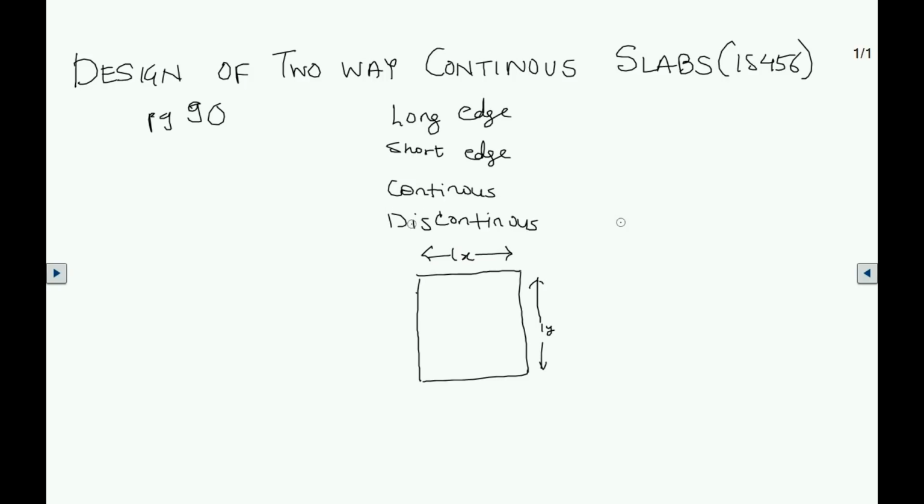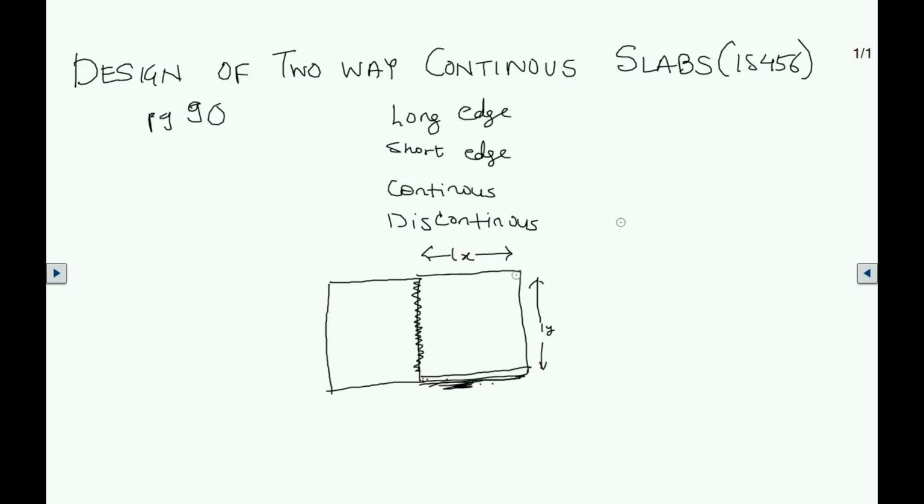Now what is continuous and discontinuous? If there is a slab right next to it, then this edge will be considered a continuous edge. If there is no slab beyond this point, if the slab is supported over here on a beam and that's the end of it, this edge will be considered a discontinuous edge, meaning the slab discontinues there.